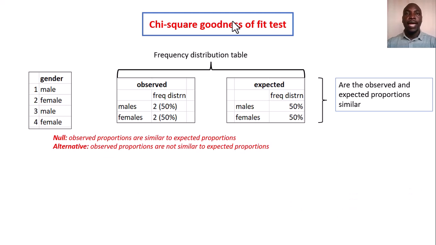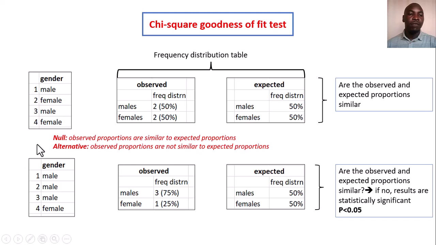Let us look at another scenario. If out of your 4 randomly selected students, you had 3 males and 1 female, having 75% males and 25% females, which is different from what you would have expected in this class, equal proportions of 50% males and 50% females.